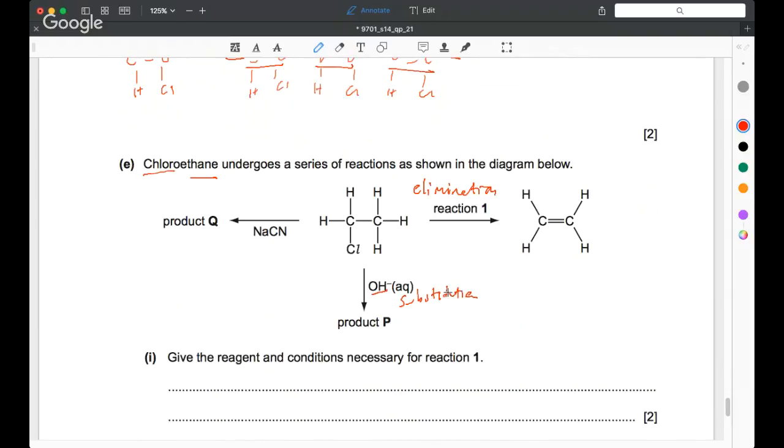And so what's going on here, not explicitly but implicitly, is testing your knowledge of the difference between elimination reactions and substitution reactions. To get the elimination reaction to work, you need to be in a solvent that is ethanol. And to get the substitution reaction to work, you've got to be in a solvent that's water.